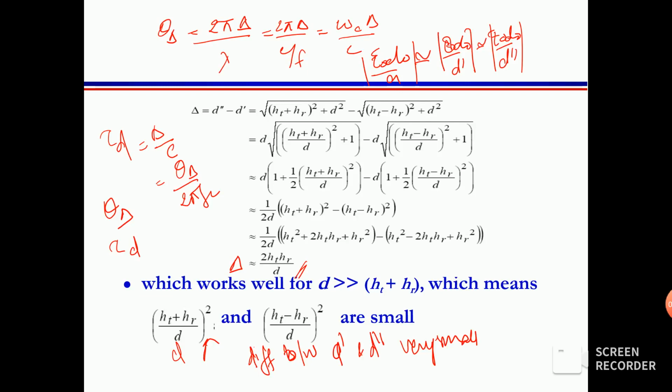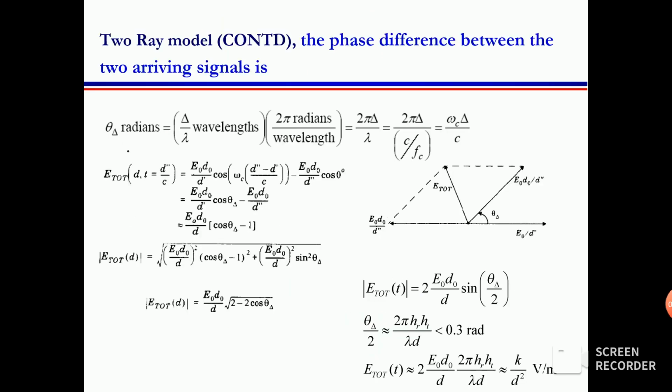And if the electric field is evaluated at t equal to d double dash by c, then it is represented like this. It is all mere substitutions.